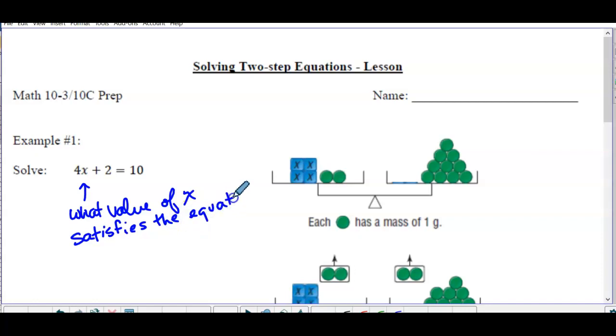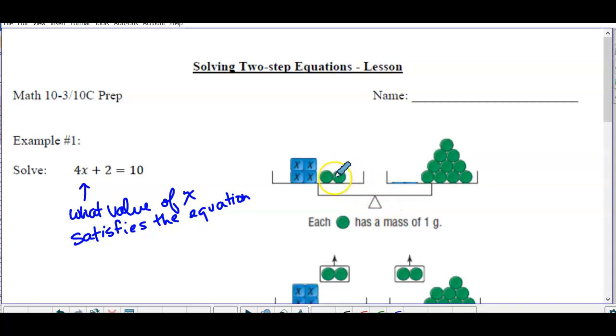Okay, and think about an equation almost like a scale, like this is showing. Now there are more electronic scales that you might use in science, but this is a balanced scale where you put your object on one side and you have measured masses that you put on the other side to make it equal.